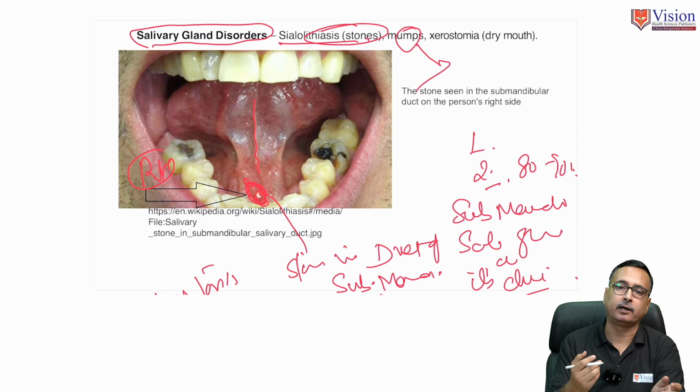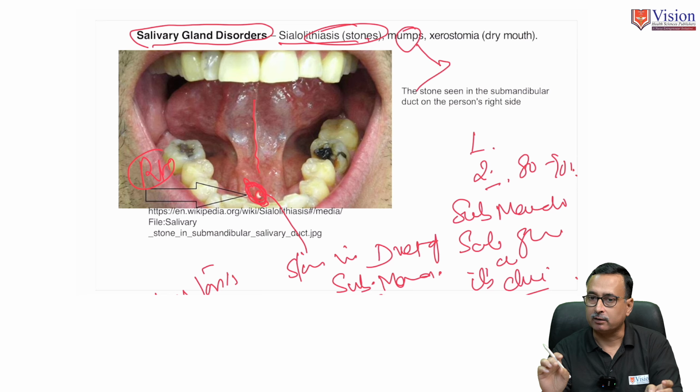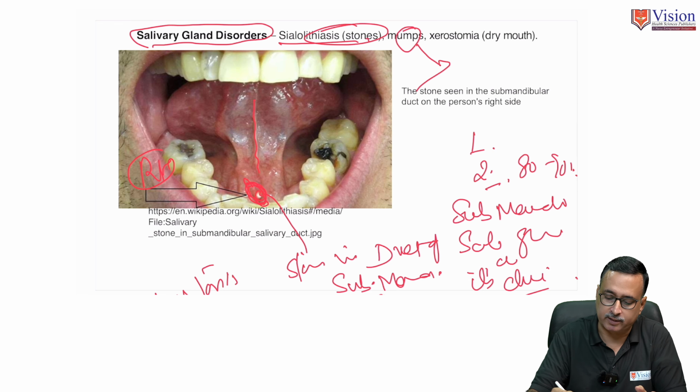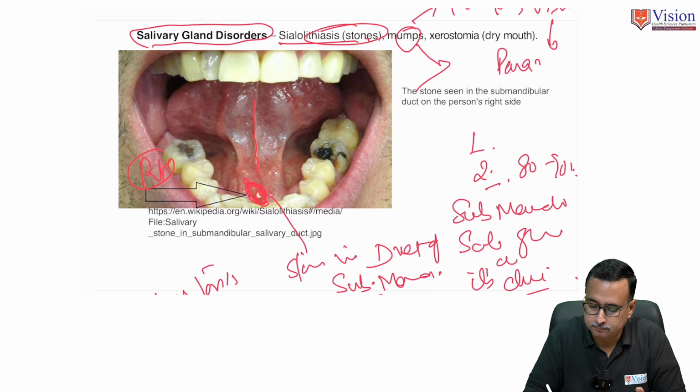It may also spread by touching the infected saliva containing the virus of an infected person. When a healthy person comes in contact with the saliva of an infected person, transmission of the virus takes place. What is the name of the virus which causes mumps? It is called the mumps virus, or its other name is paramyxovirus.